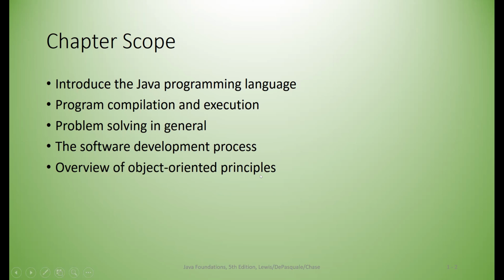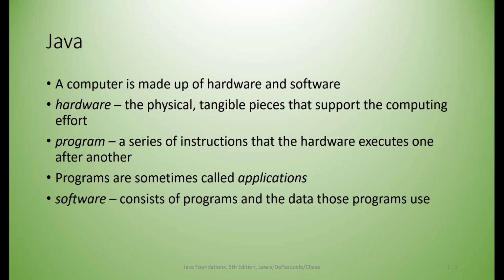We will briefly touch upon that because that is really not the goal of this class. That is the goal of the second class, object-oriented programming. Okay, Java, I will let you read this and I will ask you questions.